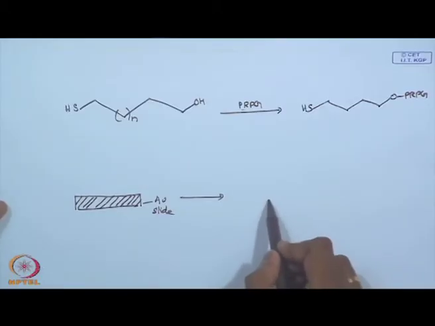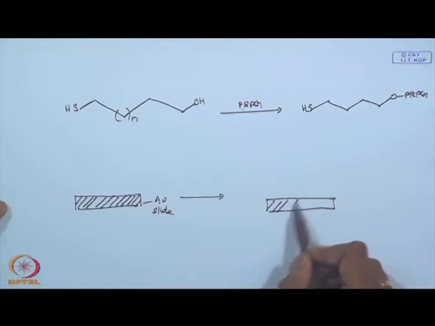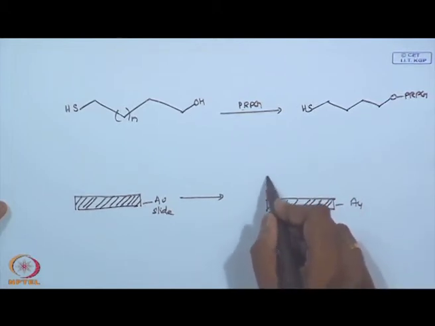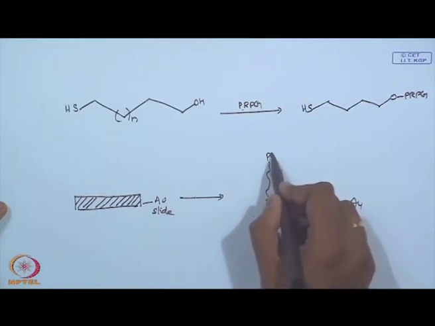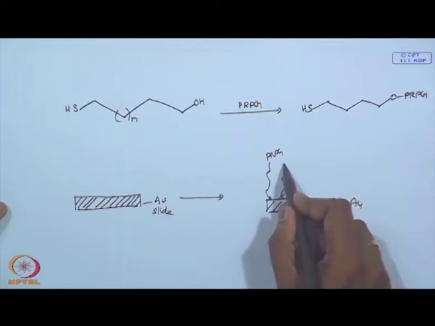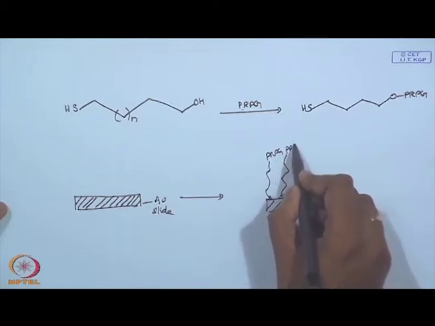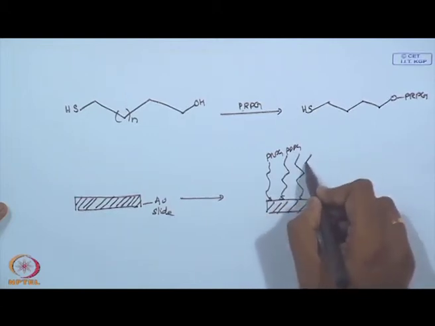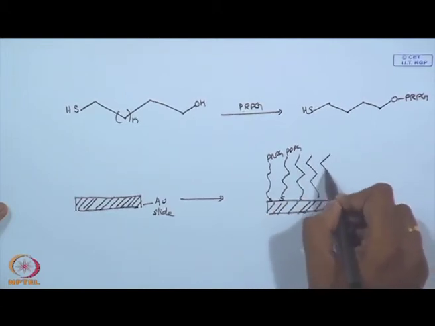You have studied that: it forms a self-assembled monolayer. So you have a gold slide, and it forms nice monolayers. You have sulfur here and the photoremovable protecting group. It should be nicely packed. Since I don't have space, it will be nicely packed.